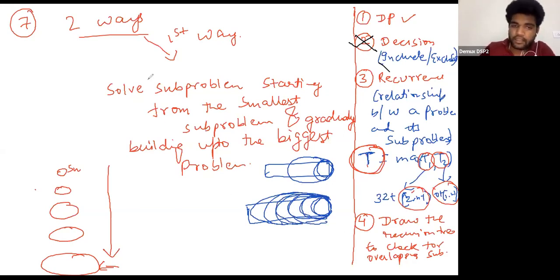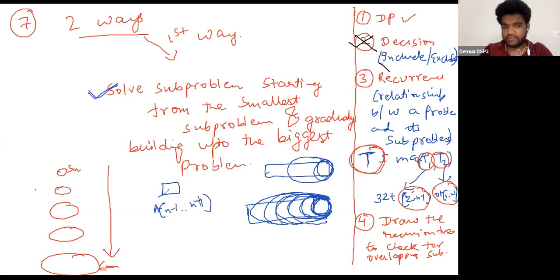So if I am using this strategy of solving, I would first solve for this subproblem. What is the solution for this subproblem? This subproblem is array n-1 to n-1. You just want to solve for this.